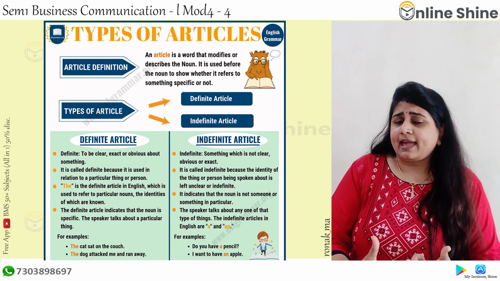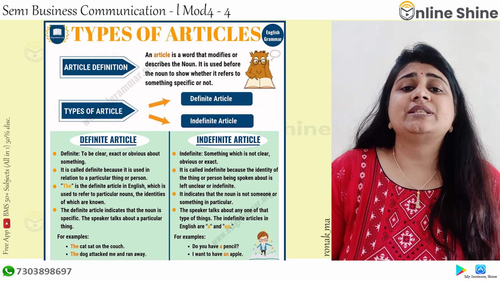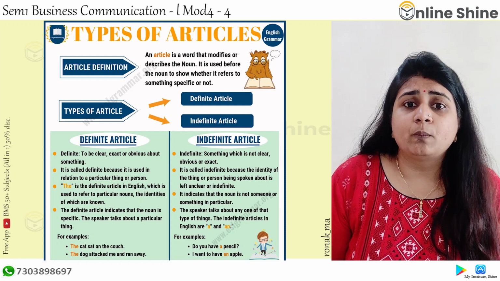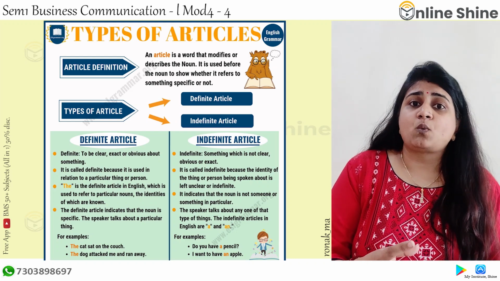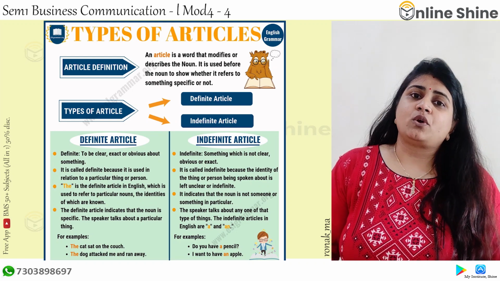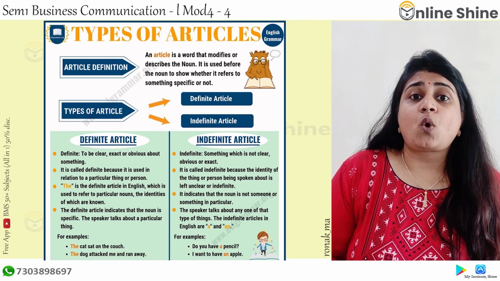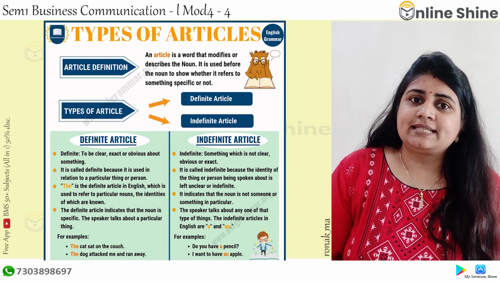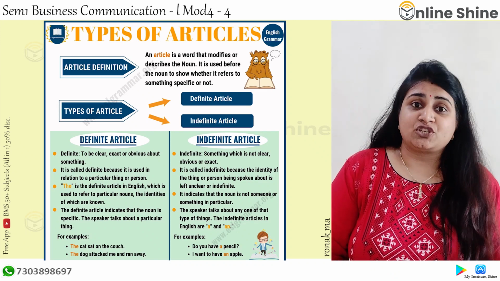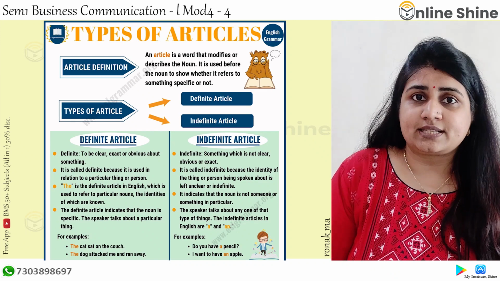The difference between a and an is that an is used for words that start with vowels a, e, i, o, u. But if the pronunciation of these vowels does not give you the right kind of sound, then you use the consonant form, that is a. For example, he is an honest man. Now, honest as a word starts with the letter H, so we would feel that it's a consonant and should say he is a honest man.